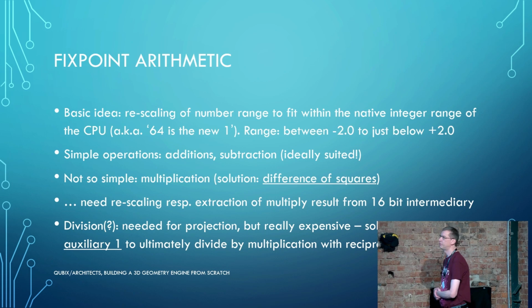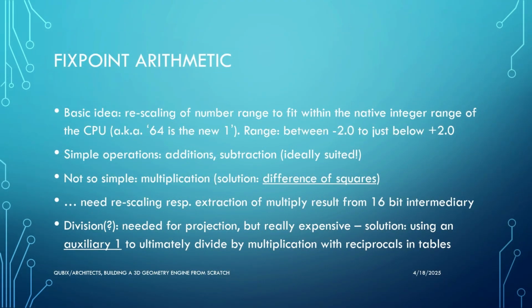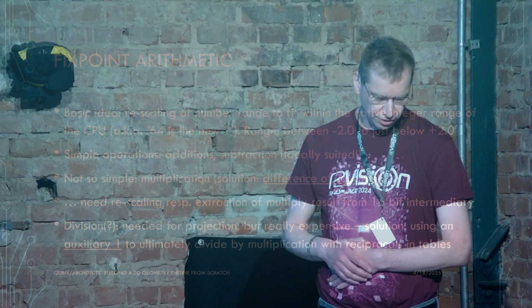The basic idea is to rescale the number range, so the native integer range of the CPU, in this case 8-bit, is what we need to keep all the coordinates that exist. I said earlier that the cube coordinates are at most at the square root of 3. The square root of 3 is about 1.7, so we are just in that range between -2 and +2.